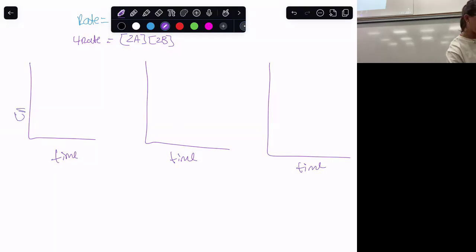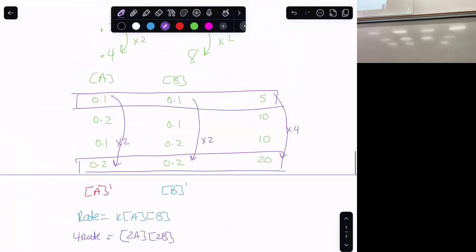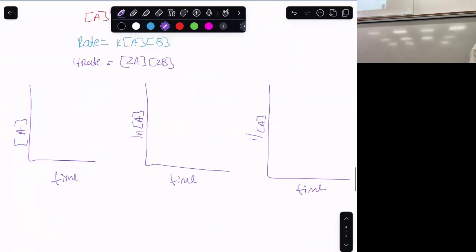So you'll have the concentration of A, the natural log of A, and 1 over the concentration of A. Think of the concentration of A as if we were to graph 0.1, 0.2 over time. You're looking at how the change of A looks on a graph.